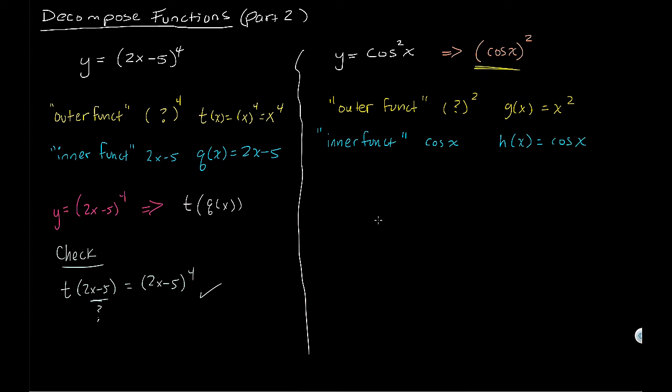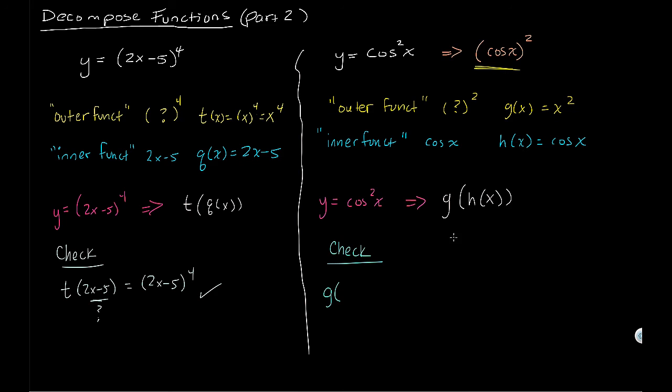So now let's put it together. My original function was y equals cosine squared of x. Now how does that get rewritten? Well, my outermost function is g, so I can rewrite this as a composition of g of h of x. And again, let's go ahead and check. If I say g of h of x, that means I'm doing g evaluated at h.